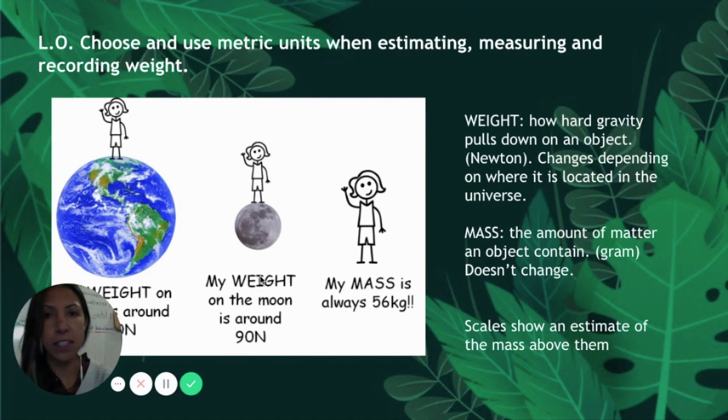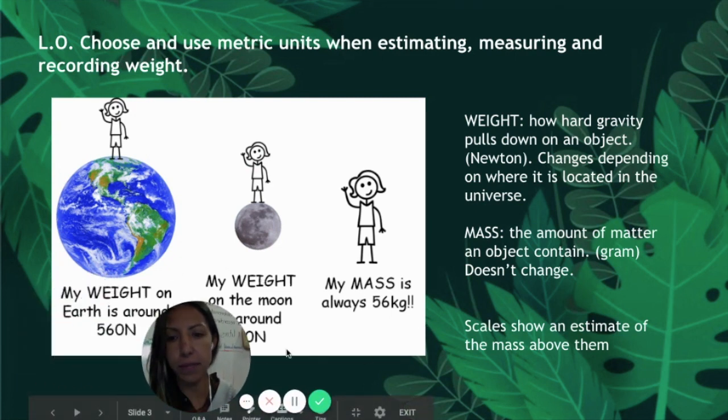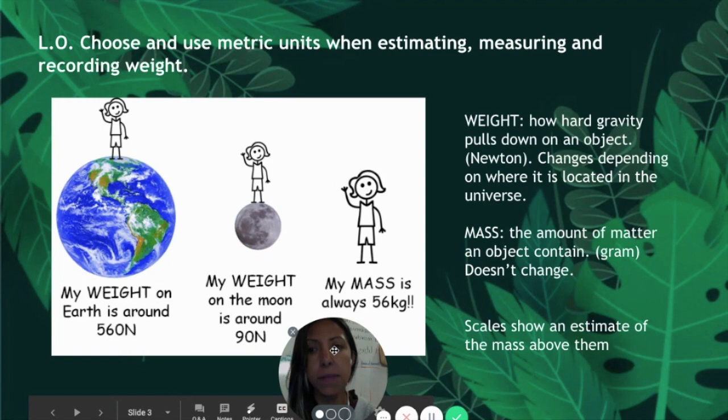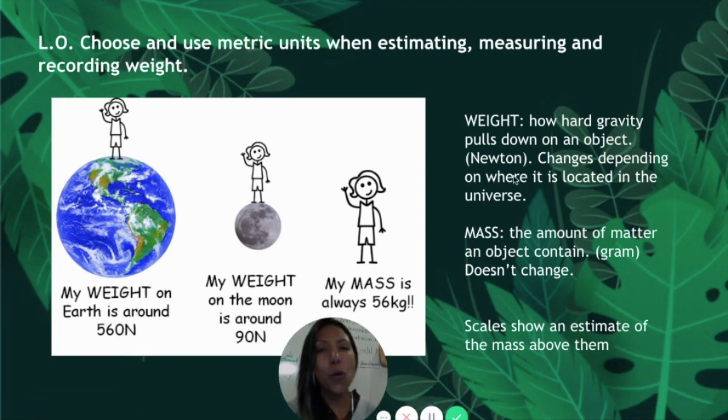So I'm going to explain this. Weight is how hard gravity pulls down on an object, and the unit of weight is the newton. This changes depending on where it is located in the universe because there are different gravity forces in different places.